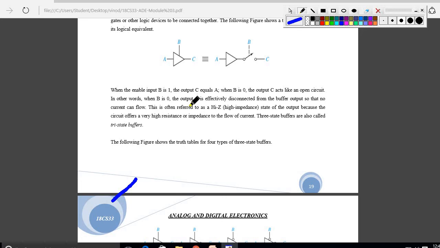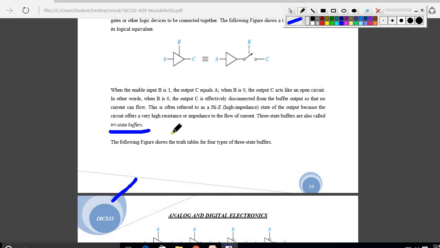Hence this condition is often referred to as the high impedance state of the output, high Z. Z means impedance. It is called high impedance because the circuit offers very high resistance or impedance to the flow of current. So when B is equal to 0 and C is an open circuit, there is no current flow across the circuit.